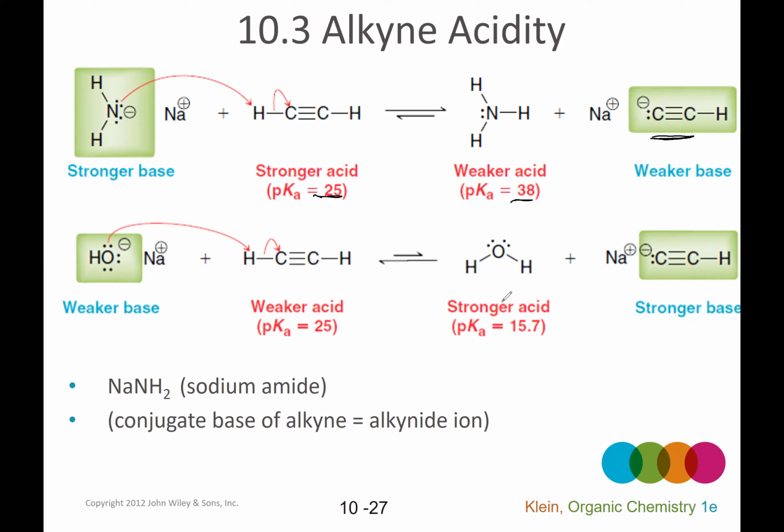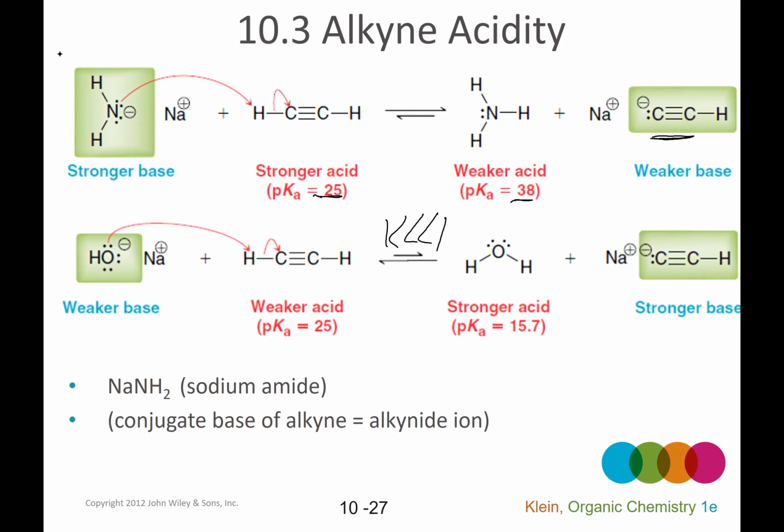So the equilibrium, right, favors the side with the weaker acid. And the weaker acid here is the acetylene. So this reaction would have an equilibrium constant much less than 1. So if you want to generate the alkynide ion, you can't do it with hydroxide. It's not a strong enough base. You have to use the sodium amide, right? That's really the lesson there.